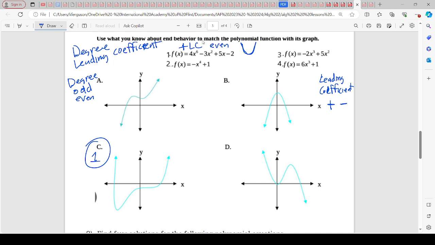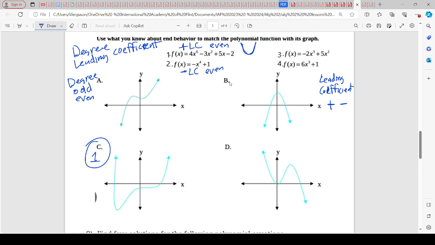So then we look at number 2. Number 2, f of x equals negative x to the 4th plus 1. So we look at the leading coefficient. What's the leading coefficient? It's a negative 1. Remember, if there's no number there, it's a 1. And so negative x just means negative 1. So the leading coefficient is negative, and our degree is even, is 4. So we got a leading coefficient that's negative, and we got even degree.